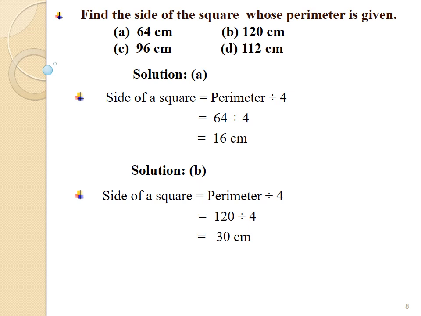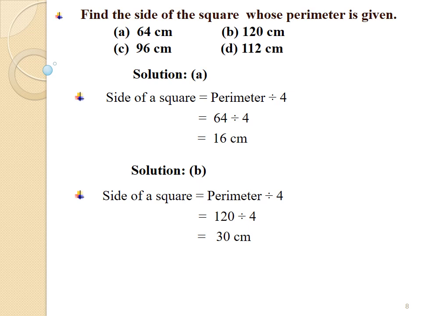Thus, side of a square equals to perimeter divided by 4. Students, you have to remember this formula in order to find out the side of a square when perimeter is given. So now, let us solve question number 3 and find out the side of a square.